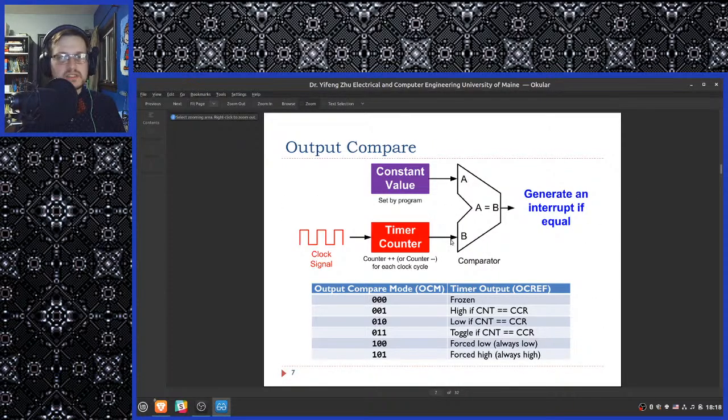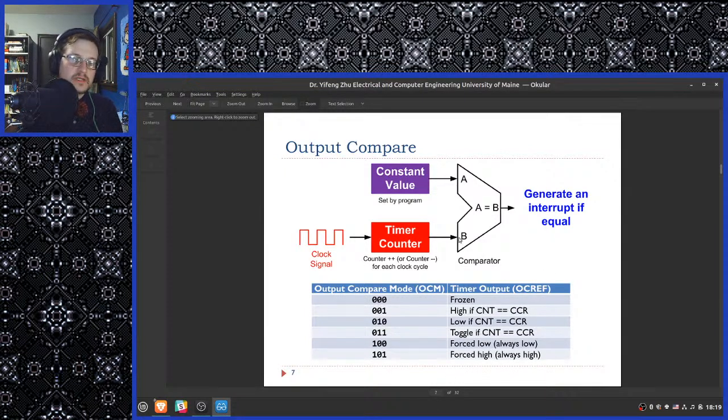And this symbol is used for math in general. It's not necessarily always the ALU of the CPU. So in output compare mode, we have the timer counter, and we have some constant value. If the two are equal, we generate an interrupt signal. I've kind of already said this. You can configure this in various ways.